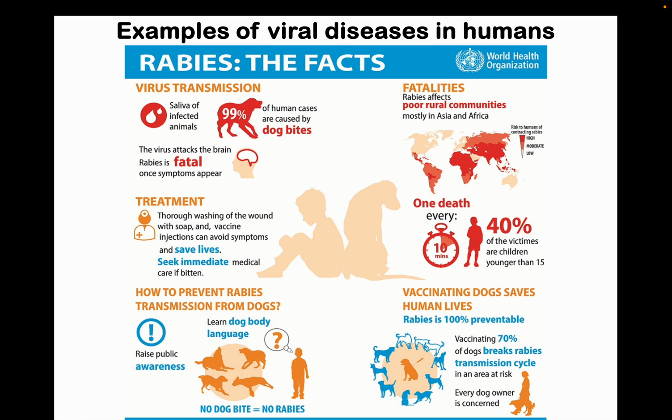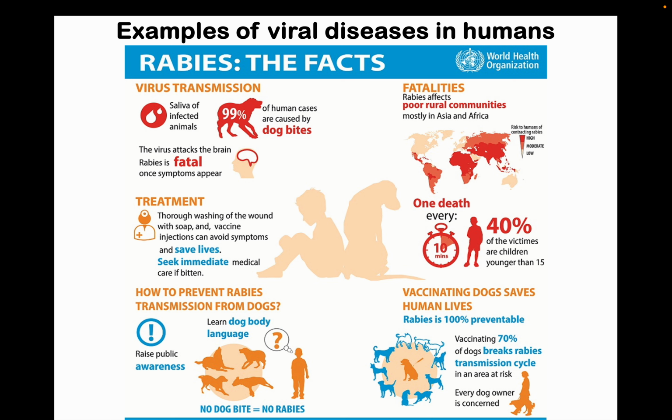Then we also have another one. We have rabies. Okay, so rabies is a key example of a viral disease. It's a serious public health concern because of its zoonotic nature, as well as the fact that in some geographies it's already becoming a neglected disease, especially in the tropics, no?